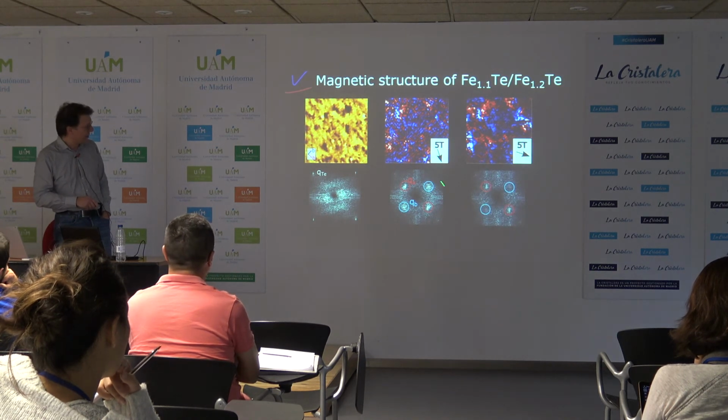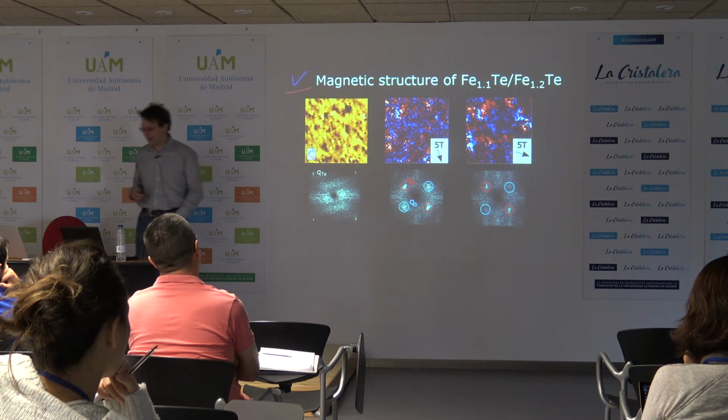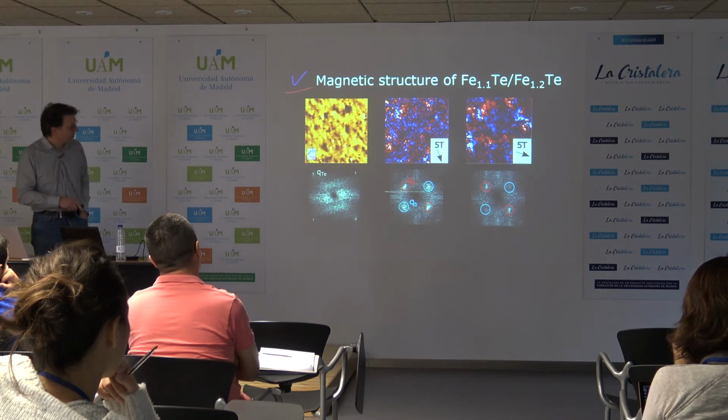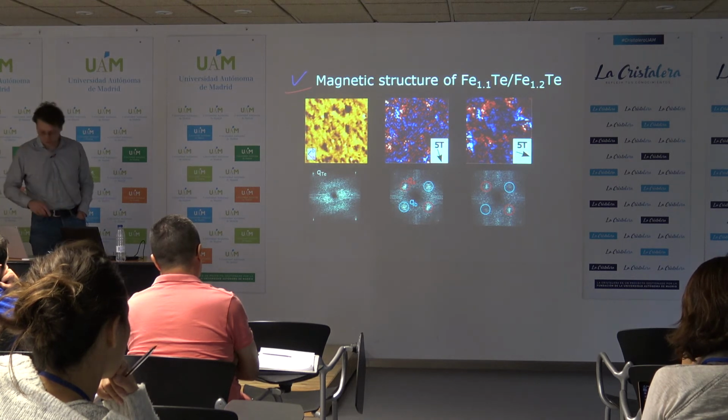And interestingly, the intensity of these wave vectors changes as a function of field angle, which points out that this is a fairly complex magnetic structure. So to map out what the exact magnetic structure is, we've recorded the intensity of these peaks as a function of field angle.